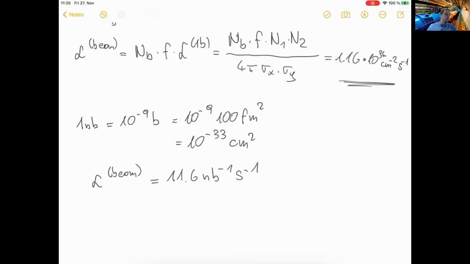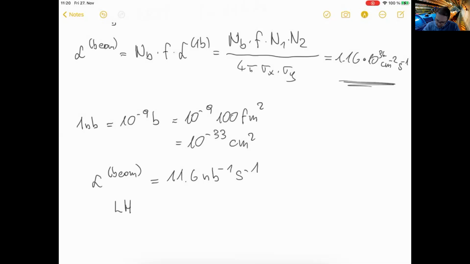So if you want to know how many Higgs bosons per second we have, you need to look up the production cross-section of the Higgs boson and multiply it with this number, and you'll get a rate. If you want to know the total number of a certain particle species that we have, you have to know the availability of the machine over the different data taking years, which just means you need the time integral of the instantaneous beam luminosity that we just calculated. And let me give you the number.